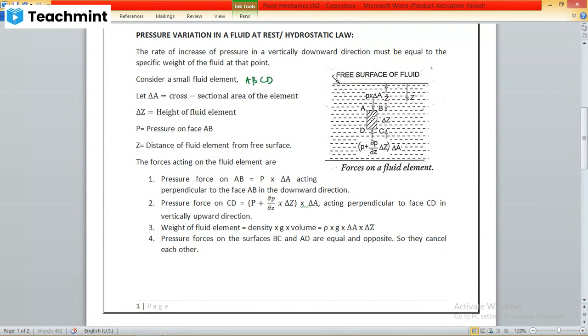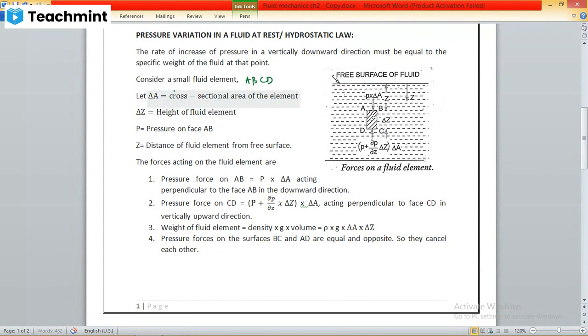This z distance is the distance of fluid element ABCD from the free surface of the liquid. And you take the height or depth BC as del Z.